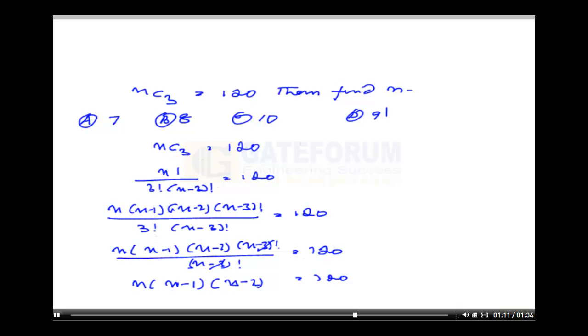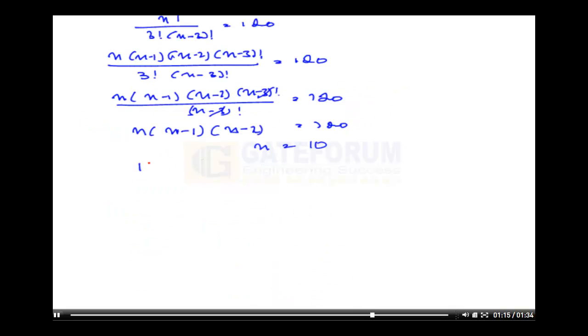Here you take orally n equivalent to 10. Then 10, 9, 8 equivalent to 720 is verified. Therefore n equivalent to 10 is the required answer.